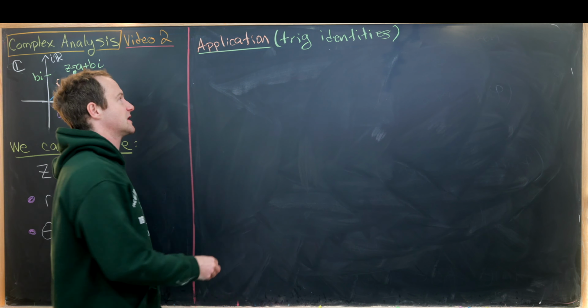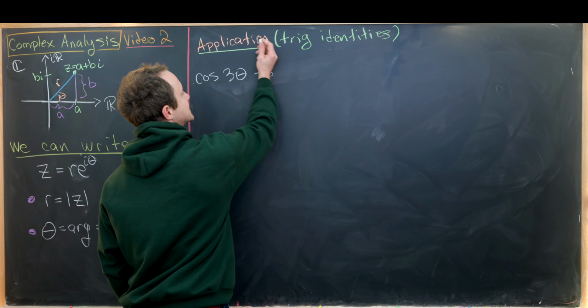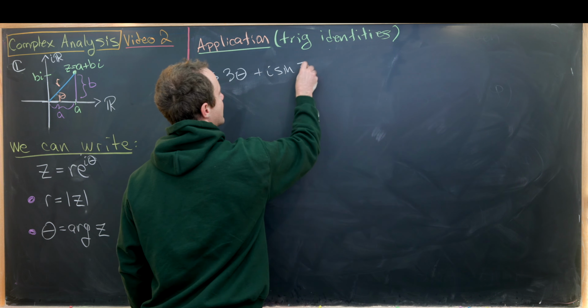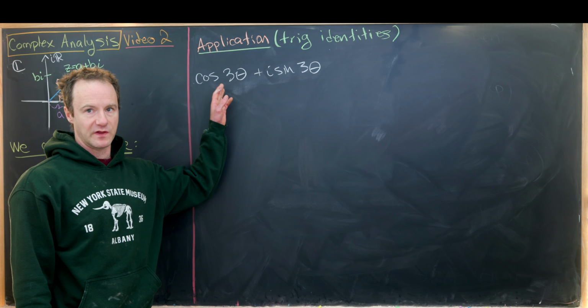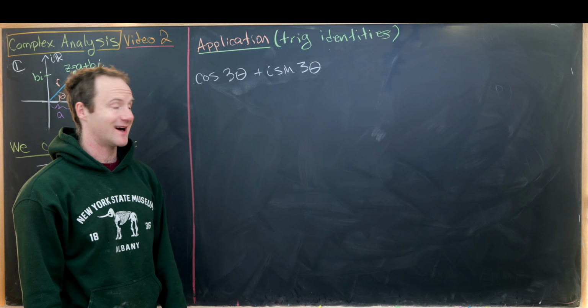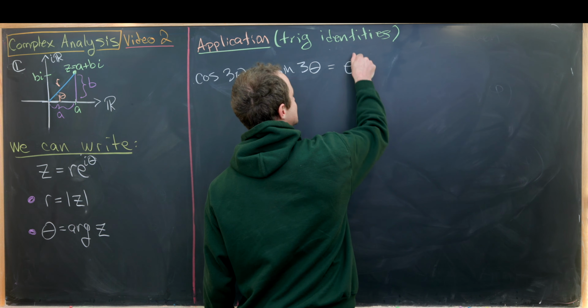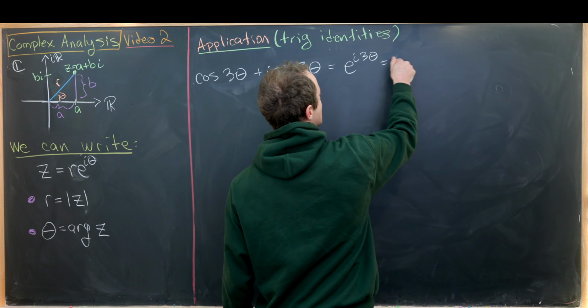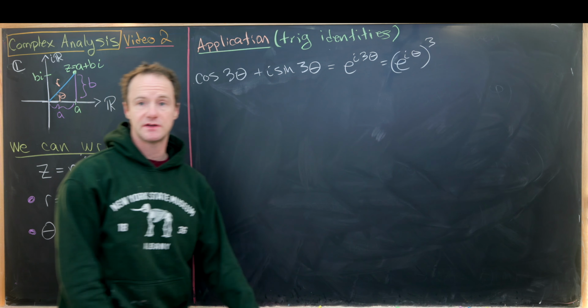For our next trigonometric identity, we're going to look at cosine 3 theta plus i sine 3 theta. By taking real and imaginary parts, we'll have a formula for cosine 3 theta and one for sine 3 theta. So let's notice we can start by writing this as e to the i 3 theta, which is the same thing as e to the i theta, cubed.